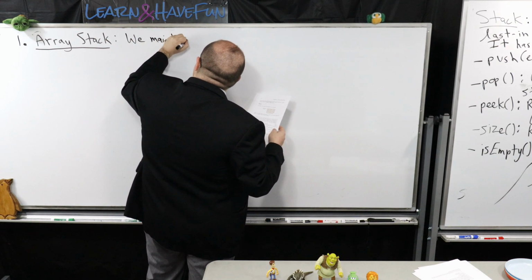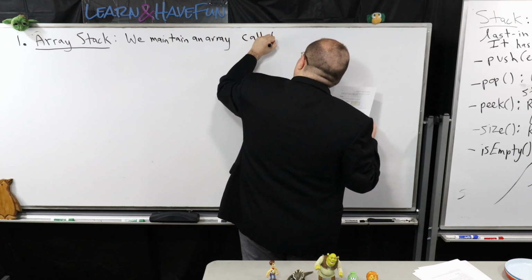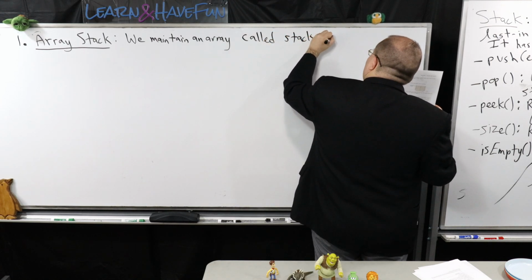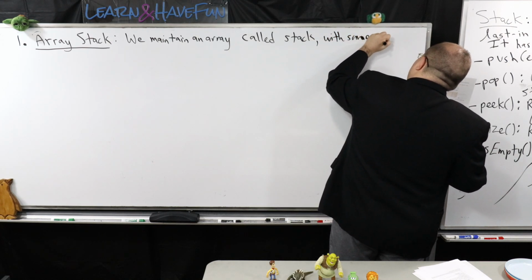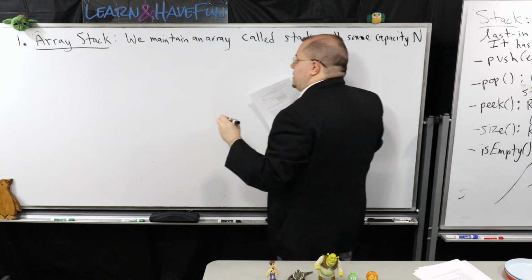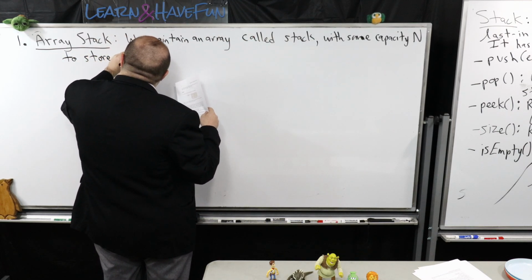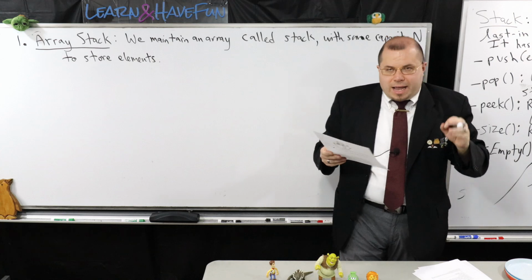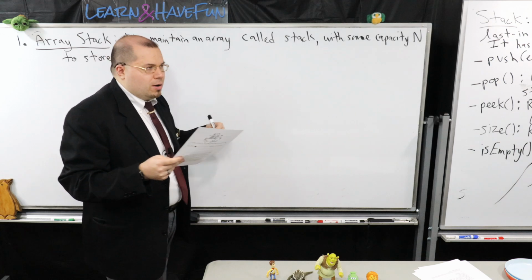That's the name of the variable, with some capacity, capital N, to store elements. We're going to maintain a counter called top that, whenever we add 1 to it, tells us how many elements there are in the stack.